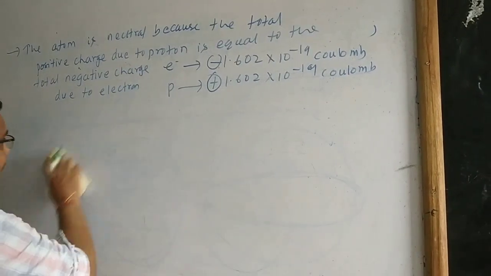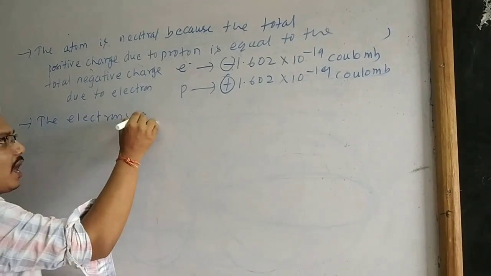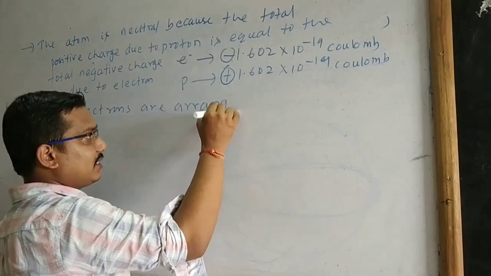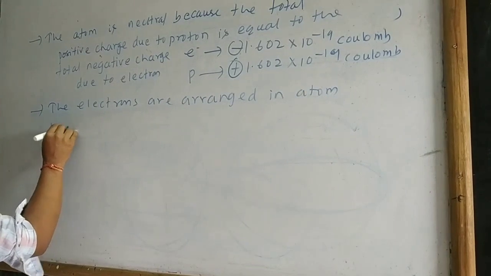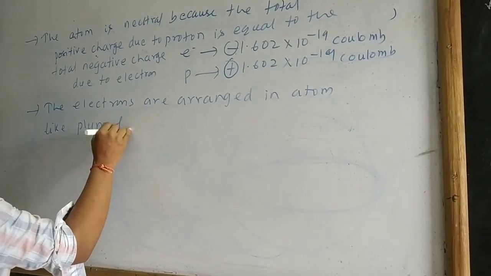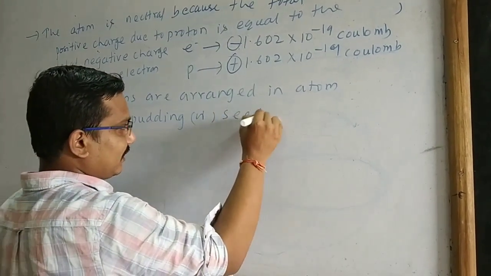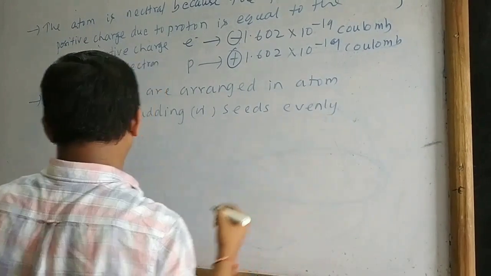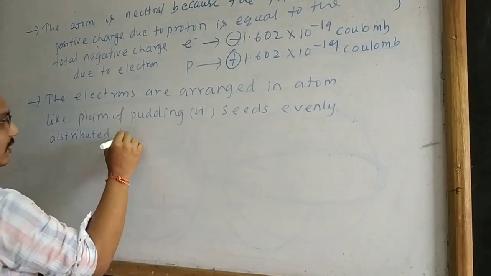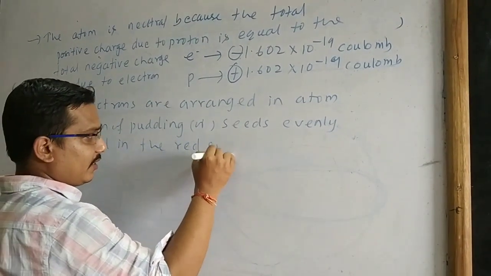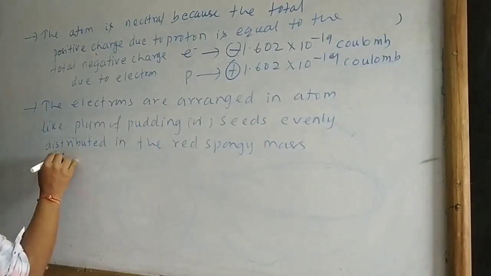That is, electrons are arranged in an atom like plums in pudding, or seeds evenly distributed in the red spongy mass of a watermelon.